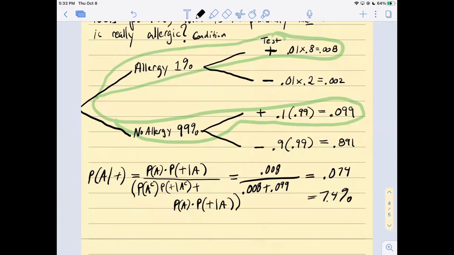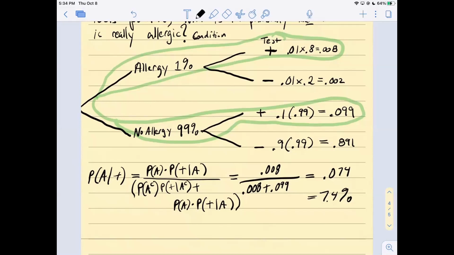So that's what you calculated. Is that what that is? I thought 1.07 people would have it. No, 1.07 would test positive, regardless of whether or not they have the allergy. Because 0.008% of people test positive when they have the allergy, and 0.099% of people test positive when they don't have the allergy.